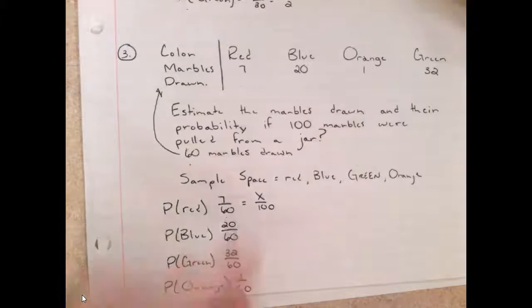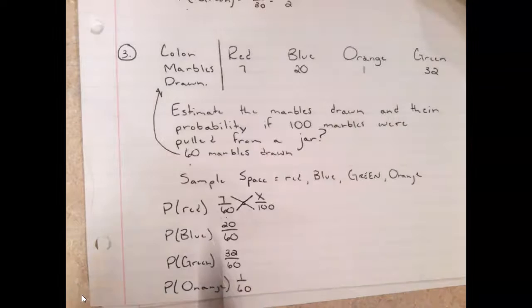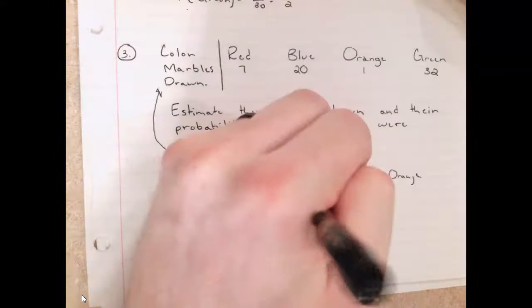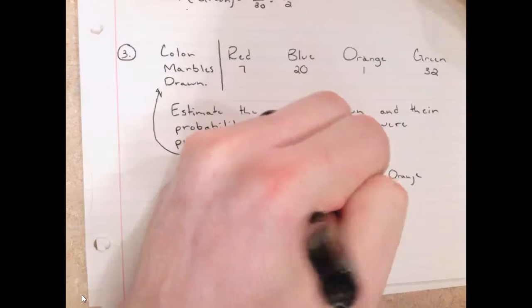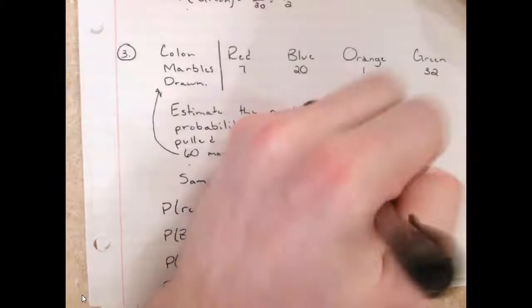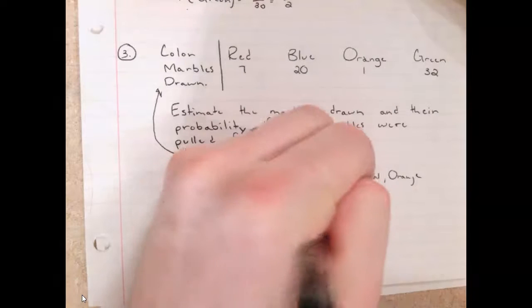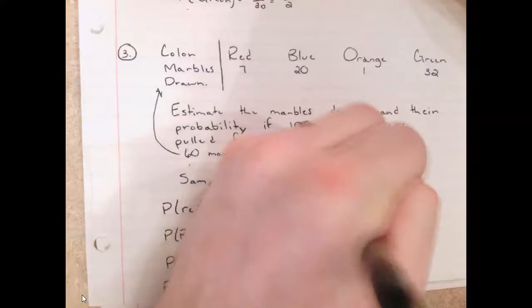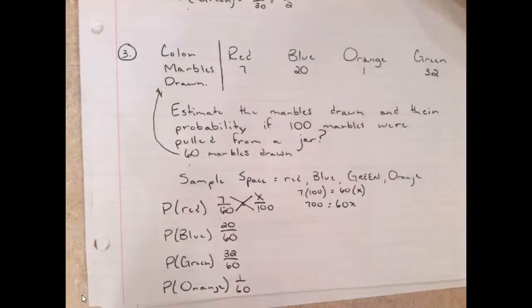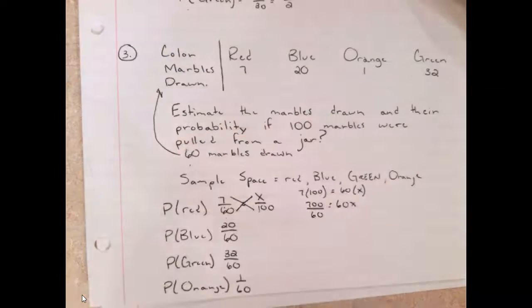To solve for x, cross multiply. So I'm going to do 7 times 100. Set that equal to 60 times x. Simplify. 700 is equal to 60x. And then to get x by itself, divide.